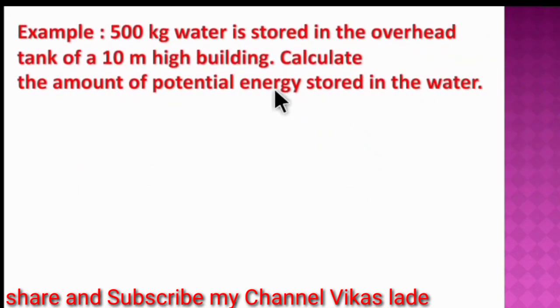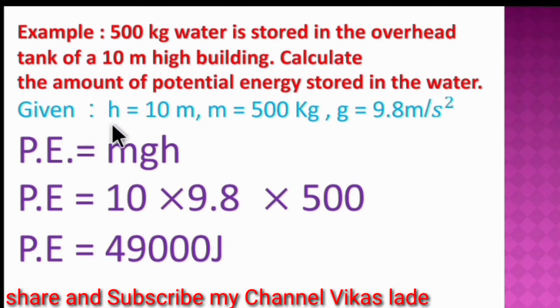Example. 500 kilogram water is stored in the overhead tank of a 10-meter high building. Calculate the amount of potential energy stored in the water. Given in this example, height 10 meter, mass 500 kilogram, g 9.8 meter per second square.